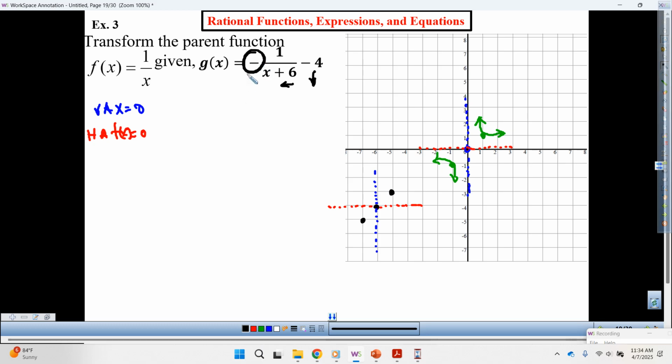What does that do to those points? They flip. Therefore, instead of being 1 to the left and 1 down, I should have done what? 1 to the left and 1 up. And this one, 1 to the right and 1 down. Hands up if you got that by yourself. Yes? Okay.